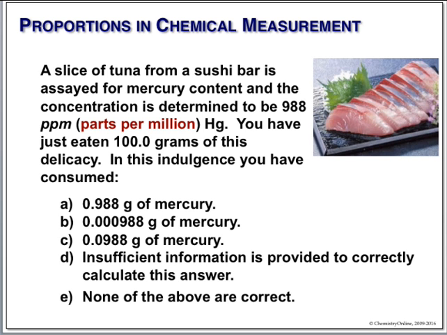So, everyone knows that tuna, because it's a large, oily fish, can accumulate mercury. So let's say that you went to a sushi bar, and they had a sign up that our tuna for today has 988 parts per million of mercury. Do you eat the tuna?